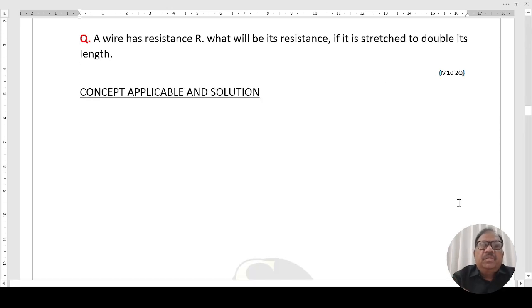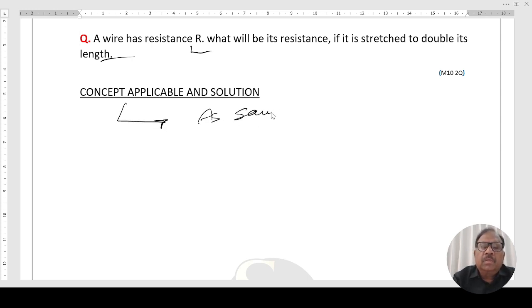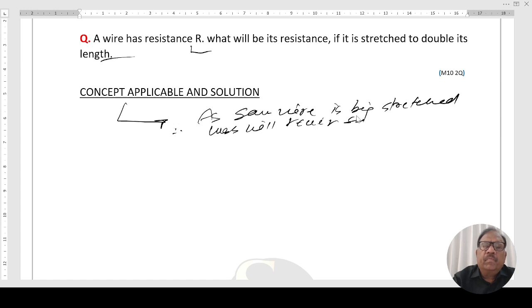Question is, a wire has resistance R. What will be its resistance if it is stretched to double its length? First of all, I will discuss the concept applicable here. As the same wire is being stretched, therefore mass will remain the same.